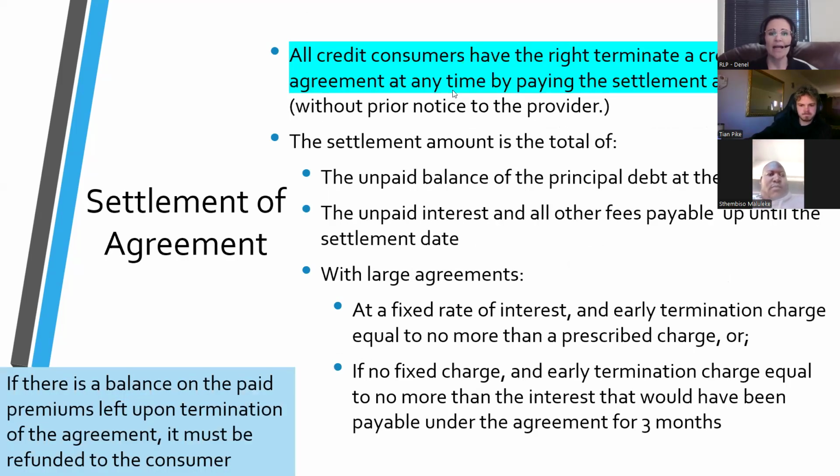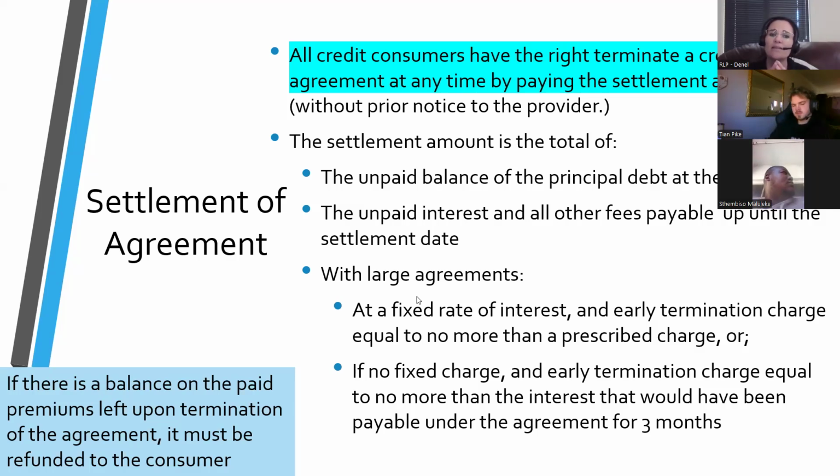Okay. And then when it comes to the settlement of agreement, guys, all credit consumers have the right to terminate their agreement at any time just by simply paying the settlement amount. So meaning if your contract is supposed to be for 72 months, but you are able to settle it within 36 months, you have the right to do so, and you don't have to notify the provider of your intention of settling this agreement.